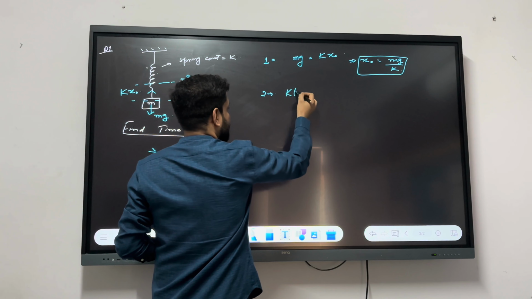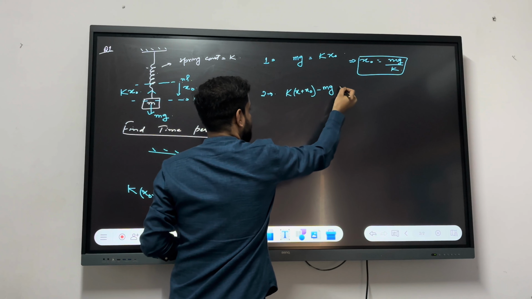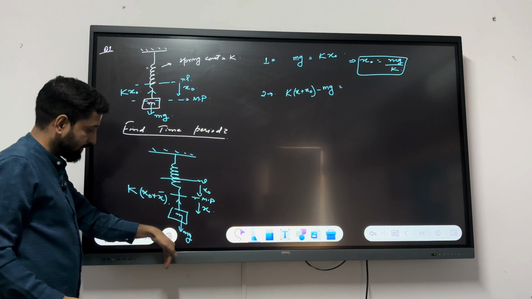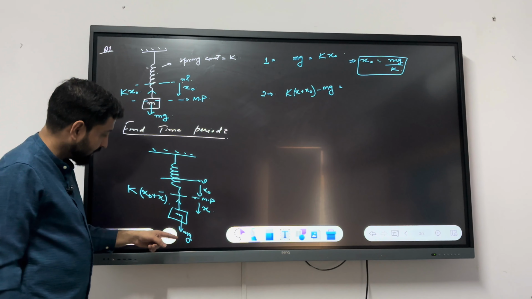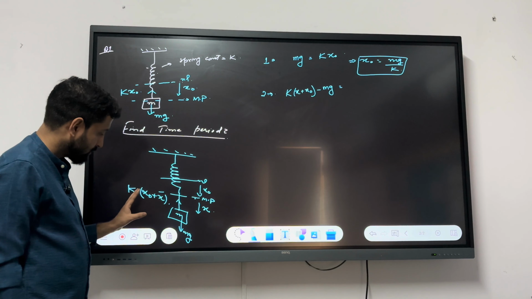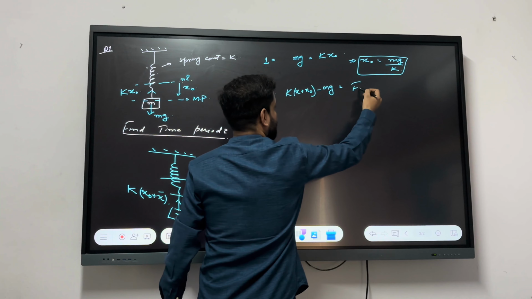So F net is k times x plus x naught minus mg, upward force minus downward force. Okay, this is F net.